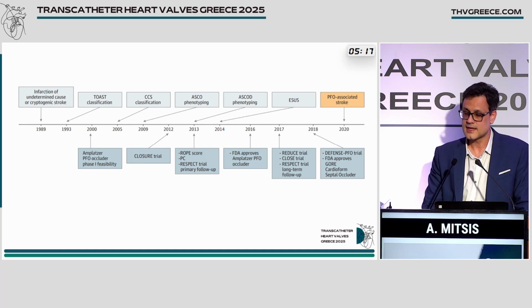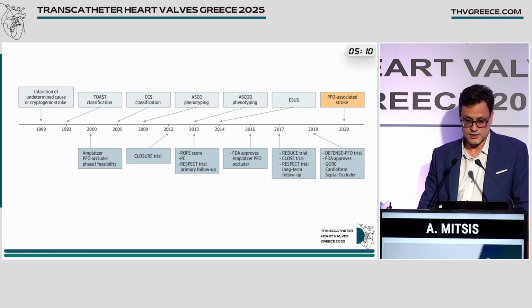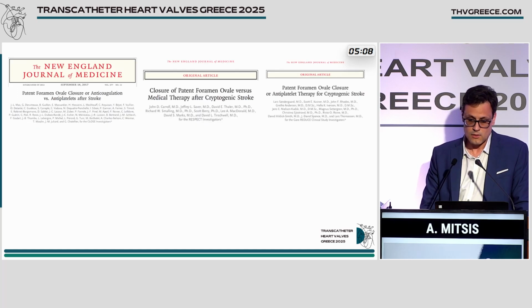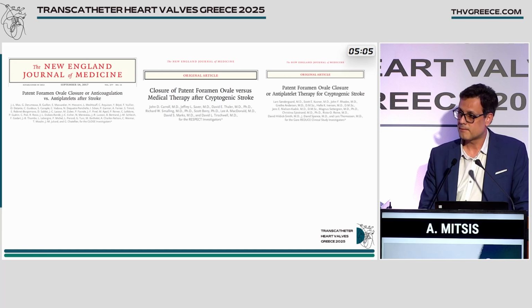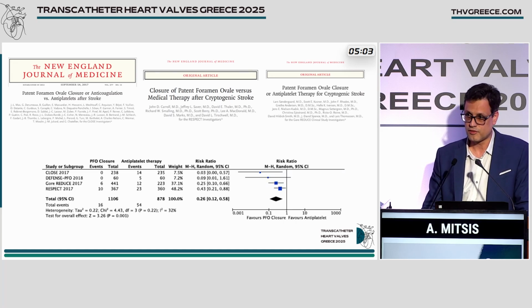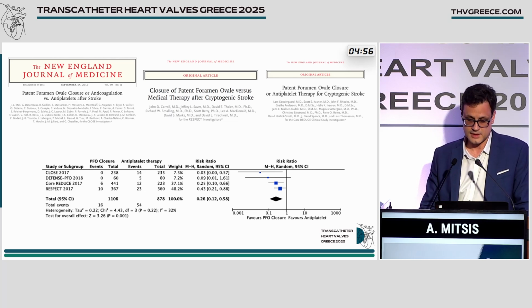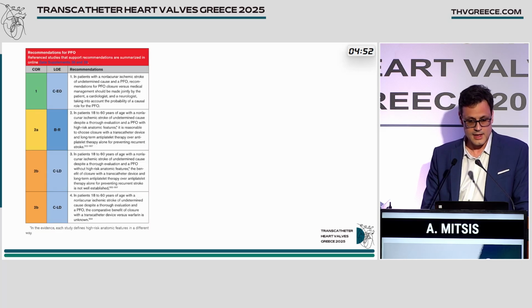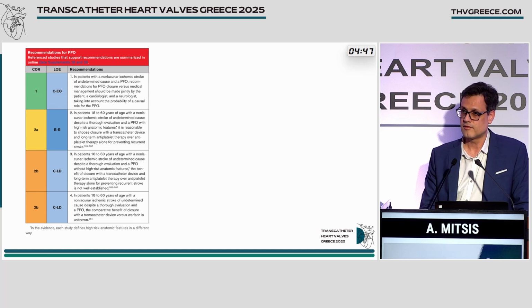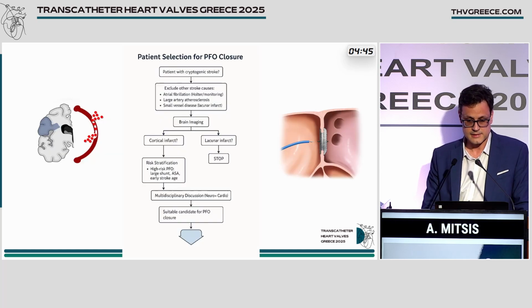In the last 2 decades, there has been a big discussion and a big evolution, and especially with a longer follow-up from the REDUCE, CLOSE, and RESPECT trials, we now know that percutaneous closure of the PFO is superior to antiplatelet therapy in terms of reducing the risk of stroke in this group of patients. And this is reflected in the guidelines of the major cardiovascular societies.